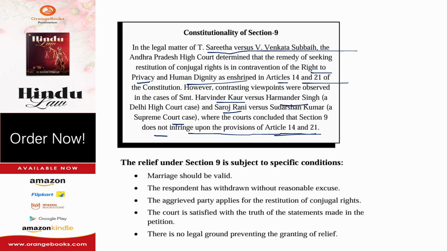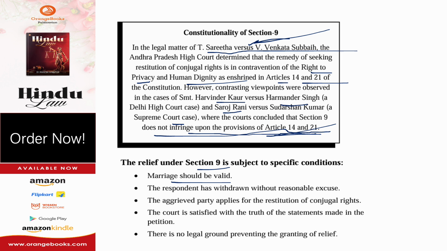Because it is a Supreme Court case, we can conclude that any remedy given under Section 9 is not in contravention of Articles 14 and 21. The relief under Section 9 will be given if the marriage is a valid marriage. We already went through what valid marriages are. We will see what void and voidable marriages are under Sections 11 and 12 in the coming videos.